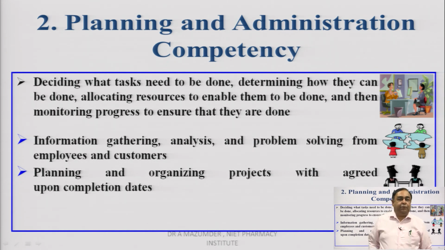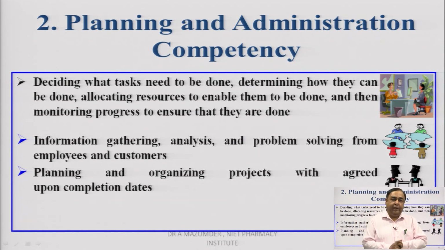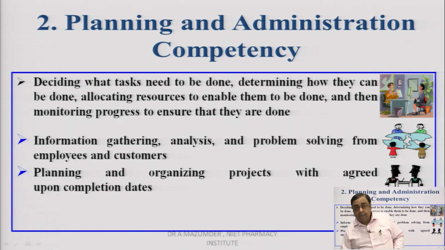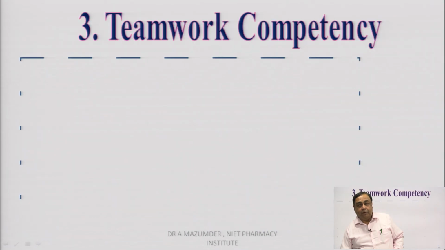Planning and organizing projects with an agreed specified deadline, a manager should comply with. So a manager should have very good planning and administrative competency in order to be successful. Time management is very important, and budgeting and financial aspects are very important.